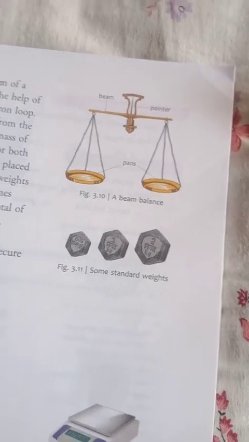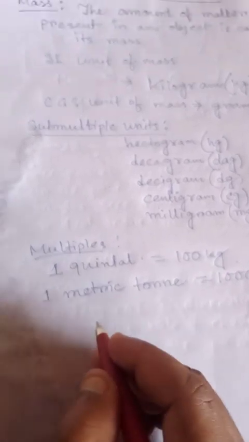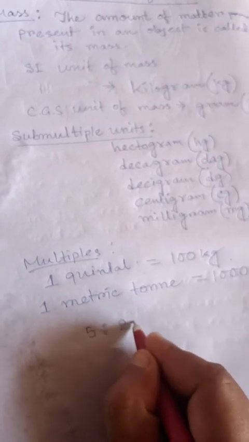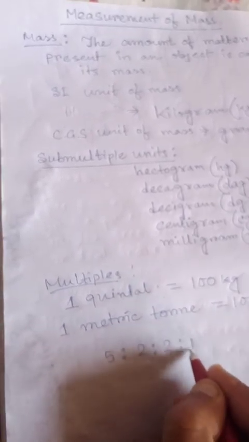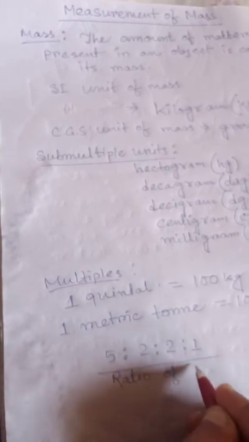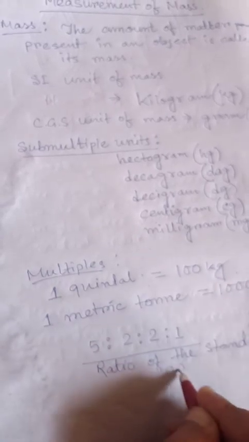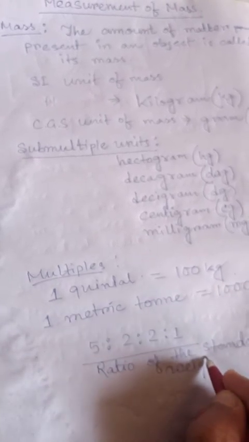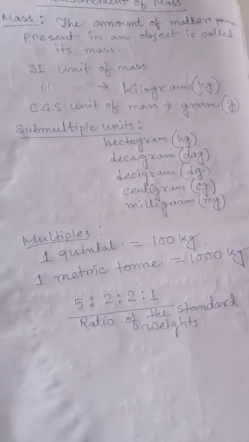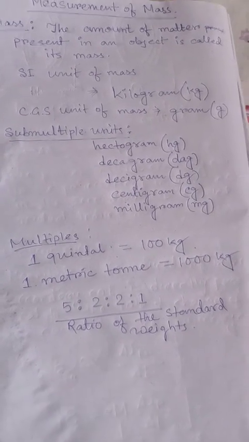One thing you must note is the ratio of the standard weights, which is 5:2:2:1, because by using this type of weights we can measure any weight.